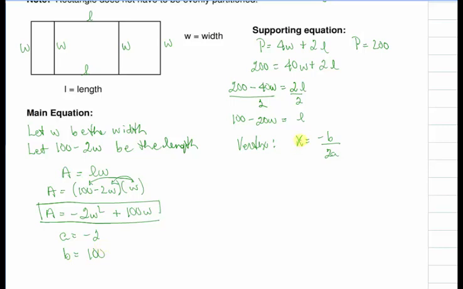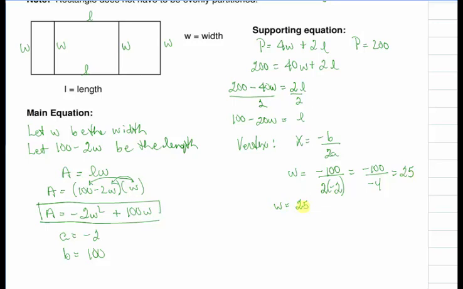And just remember, X in this problem is my variable W, so I'm going to replace X with W. And B is 100, so negative 100 over 2 times negative 2. And that gives me negative 100 over negative 4, which gives me 25. So I know that my width is 25.